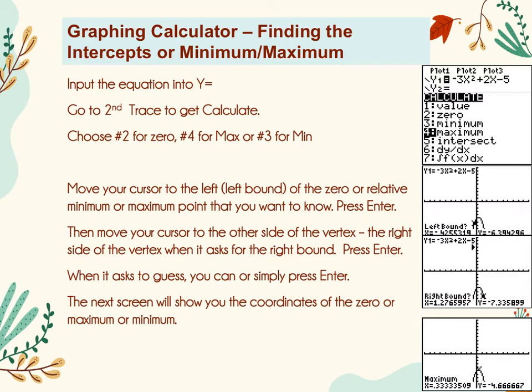The next slide actually has information about using a graphing utility, and in this case, these would be the instructions that you could follow if you have a TI 83 or an 84. You can just follow these instructions, and this will help you find your zeros by using the trace feature.